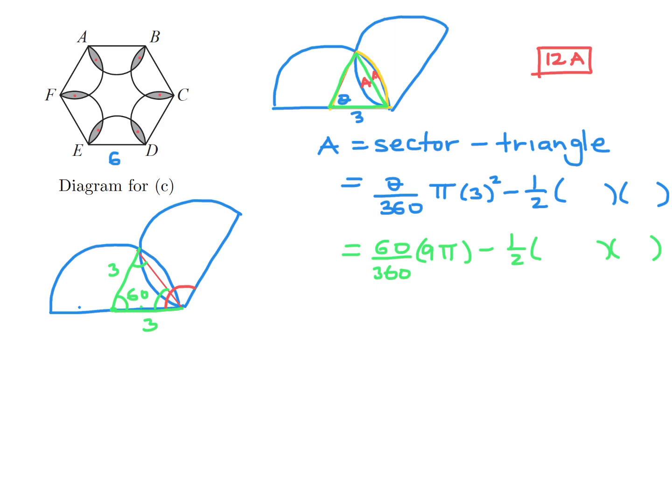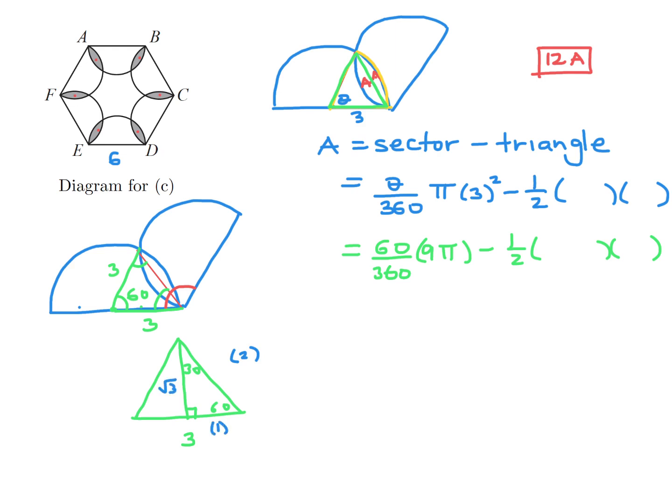And now we've got to figure out this base times height to figure out the final piece of the puzzle. Now that triangle, yeah, it's an equilateral triangle. So that shouldn't be that hard to figure out the base and the height. If it's equilateral, then the base is 3, and that's going to be 60 degrees, 30 degrees, and the ratio of the sides, as always, is 2, 1, and root 3.